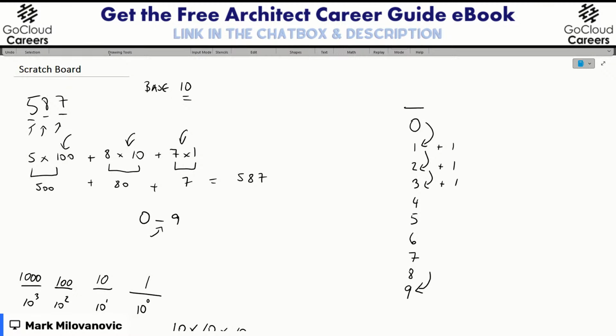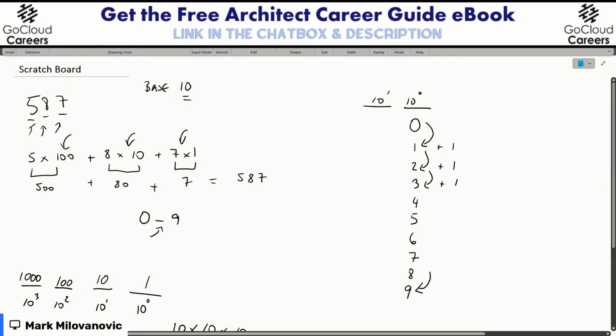So I'm still in my first position, right? This 10 to the 0, and I'm trying to move, I'm sorry, I'm jumping ahead, to eventually a 10 to the 1. So once I get to 9, I'm going to be incrementing by 1 again. So how would I write 10 the way we understand it?